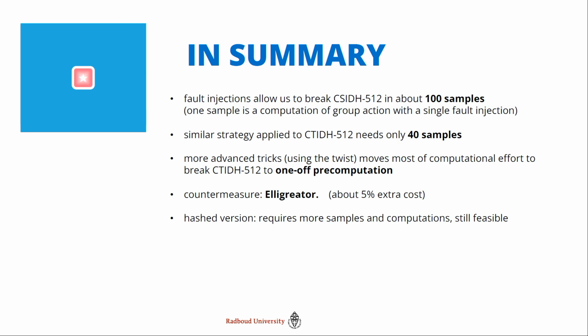But I think in reality, if you were going to do CSIDH in very large primes, I would recommend to use CTIDH. And with CTIDH, you will always get this batching approach. And this batching approach is really what helps us in this attack here, which really helps us to reduce it to 40 samples. And I think even in CTIDH for very large parameters, the batching will actually cause you to be a bit vulnerable to this attack still. The best way to counter it would just be to use Alligator.